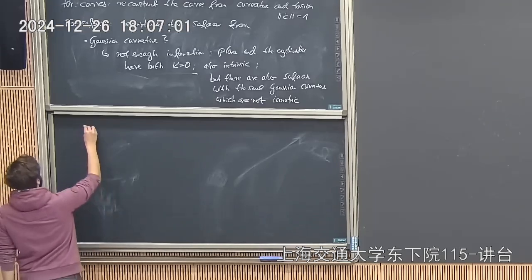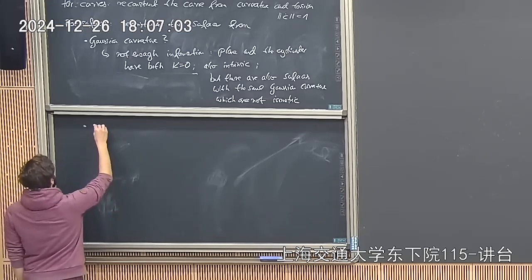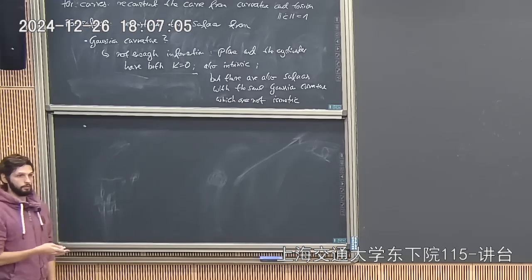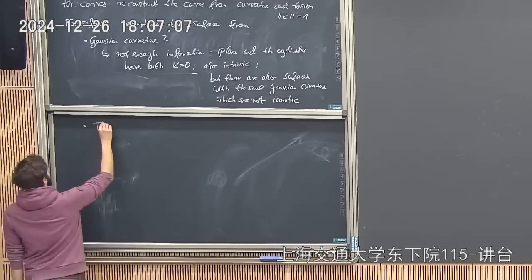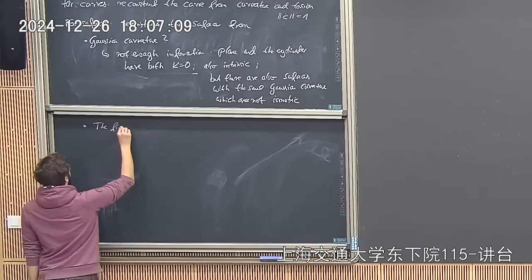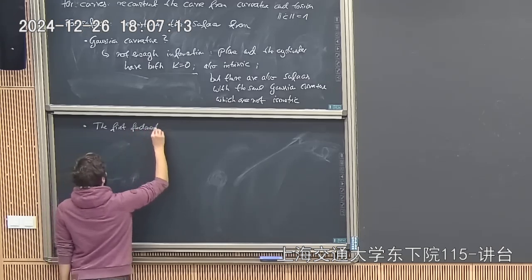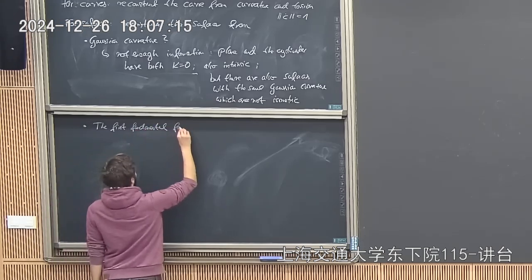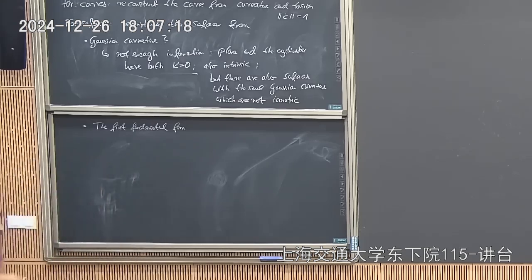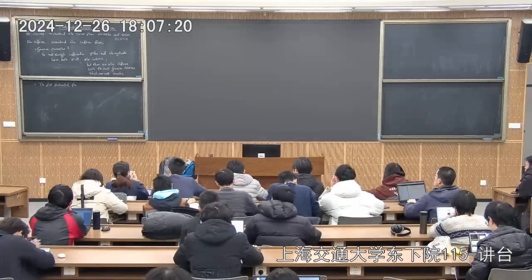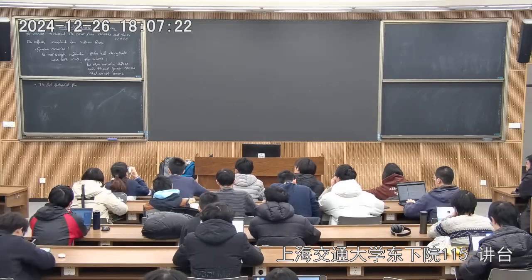So the next question would be, let's give a little bit more information, namely the first fundamental form. But the first fundamental form doesn't tell you anything about what the normal is doing, right?